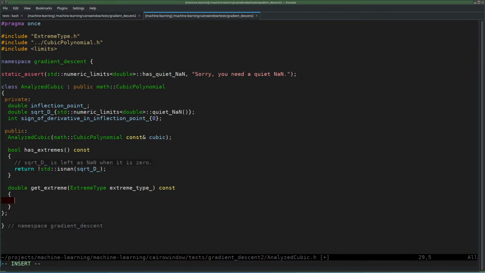So we need to calculate a sine. And then return the inflection point plus the sine times, and we're going to multiply with an integer.